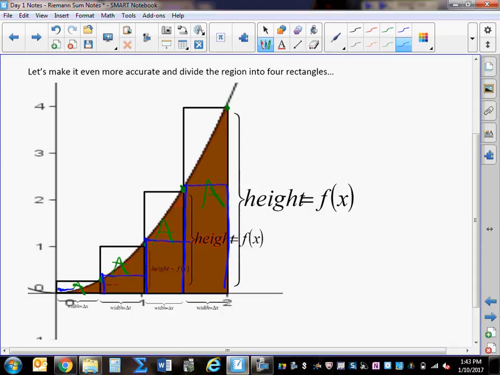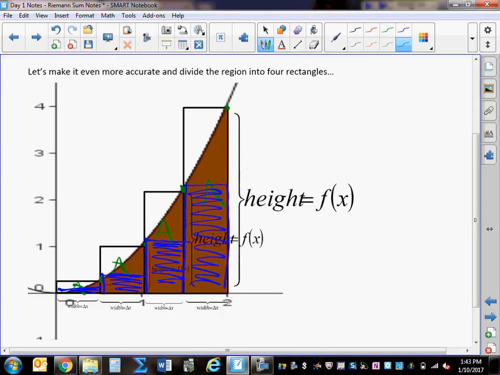Now, as you can see here, still not a super good estimation. Again, having 4 rectangles compared to our 1 is going to be a better estimation. But whereas before we were overestimating, now we are actually underestimating.